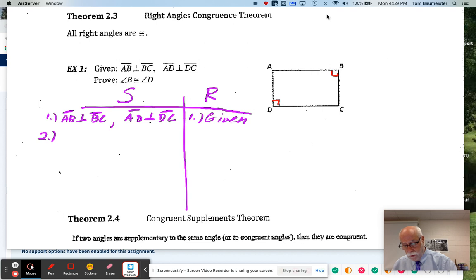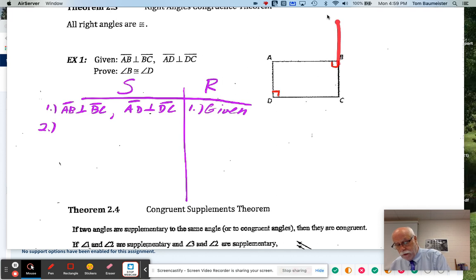If we look at it, since it's by itself, it's not being with another line there or anything. So I can say angle B, and same here, I can say angle D. So I'm going to say then that angle B and angle D are right angles.